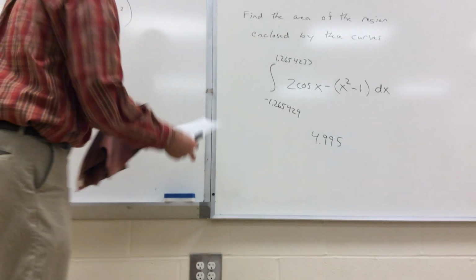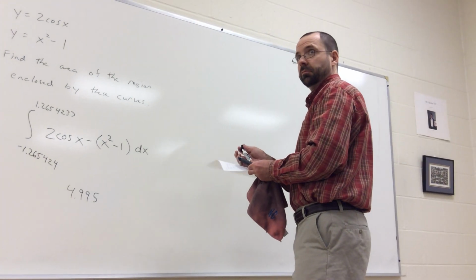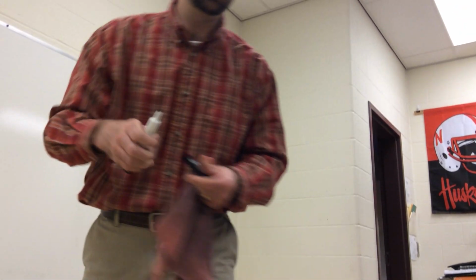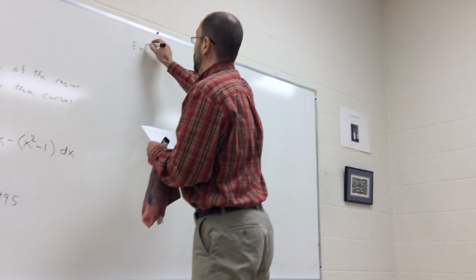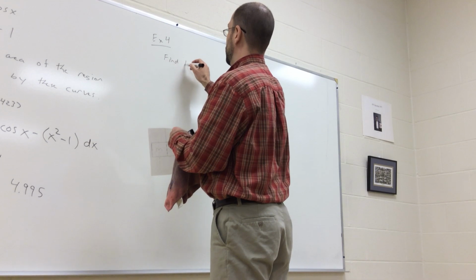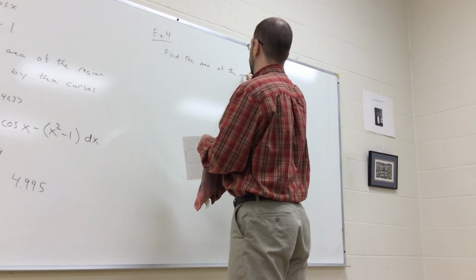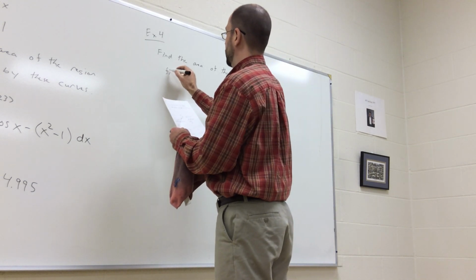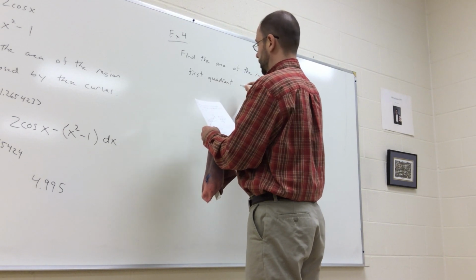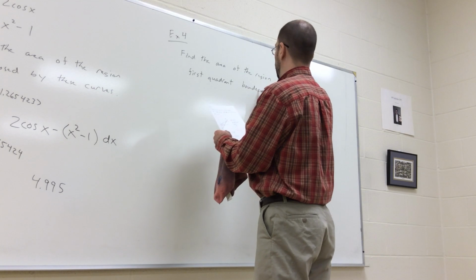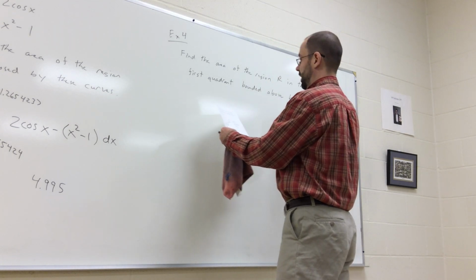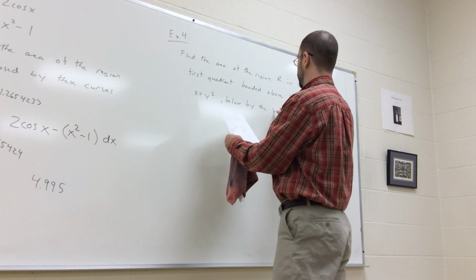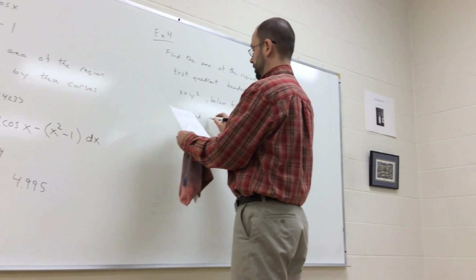So now we're to example 4. We're going to find the area of the region R in the first quadrant bounded above by x equals y squared, below by the x-axis, and y equals x minus 2.